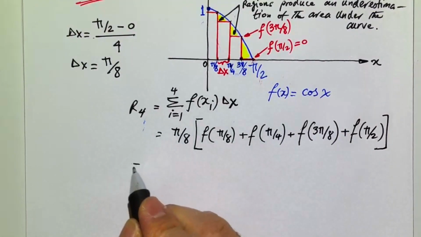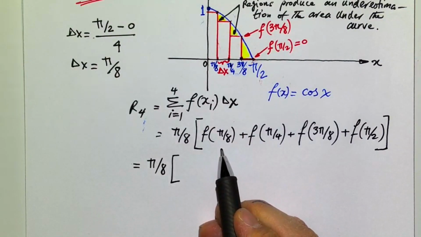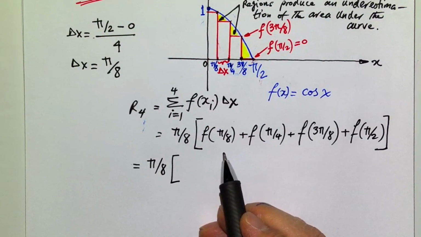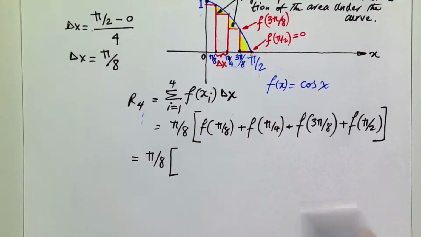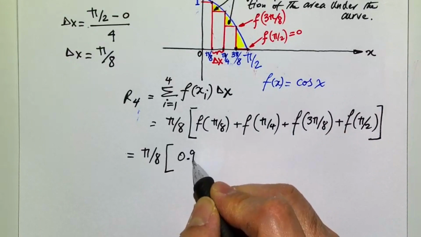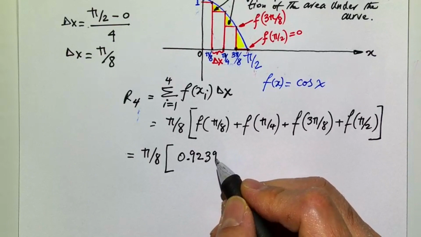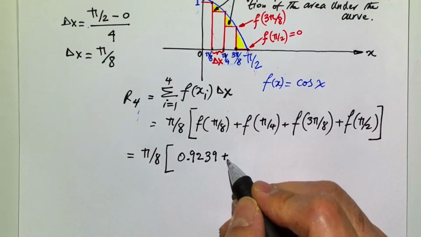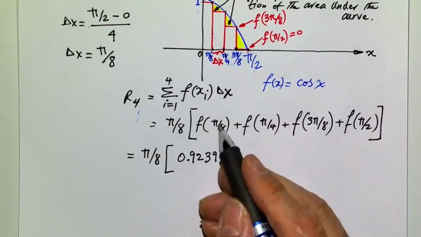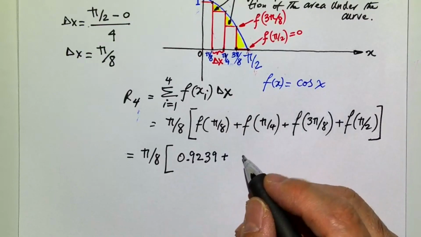So let's calculate this. We have pi over 8 times the following numbers that I have. Please verify those with the ones you come up with, and let me know if there are any errors. I made sure that there are no errors, but I may have missed 1 or 2. So cosine of pi over 8, you should get 0.92.